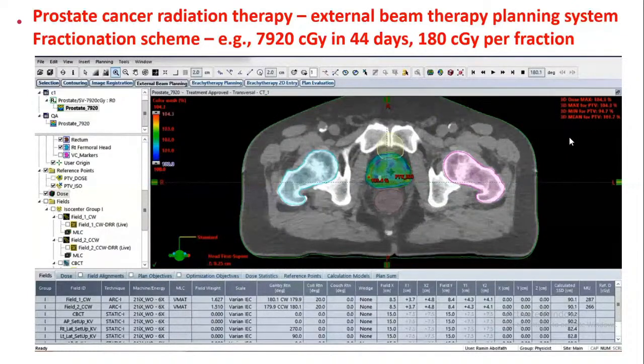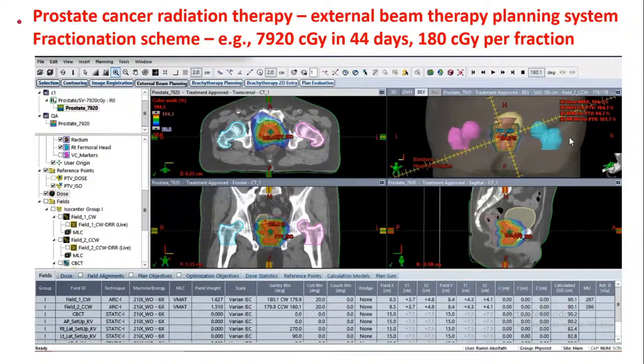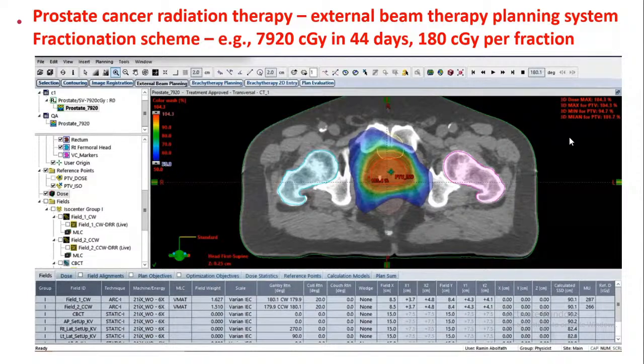But still, there are some parts of the other organs, such as bladder or other rectum or other tissues, which are covered by the radiation. And that's what we want to minimize. So we want to maximize the coverage of the prostate by the radiation and minimize the exposure to other organs.